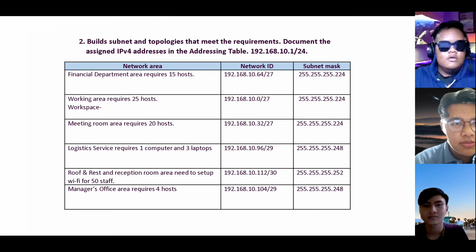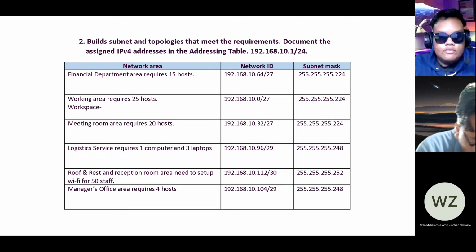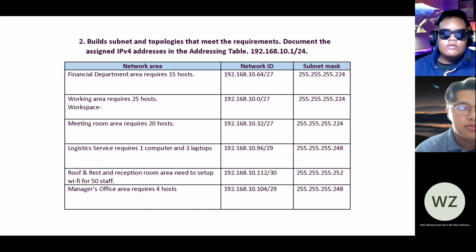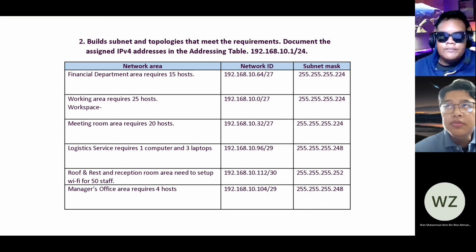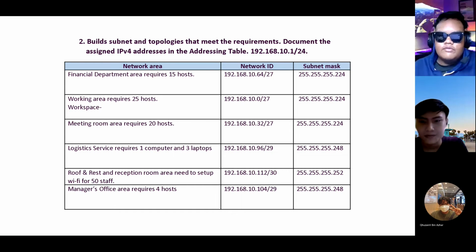The fifth, the roof and rest and reception room area, needs to set up Wi-Fi for 50 staff. So the network ID should be 192.168.10.112/30, and the subnet mask is 255.255.255.252.